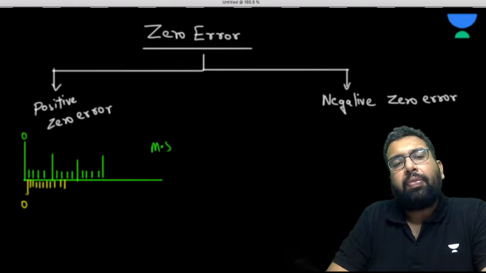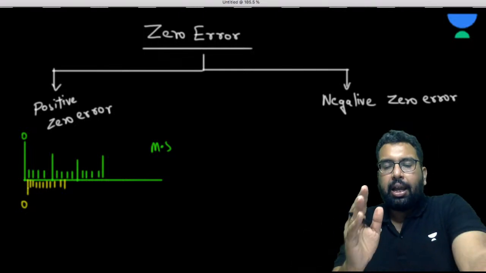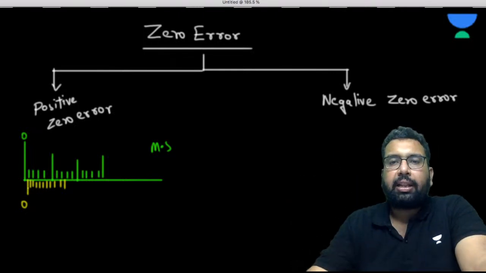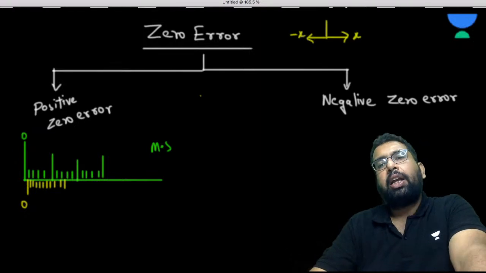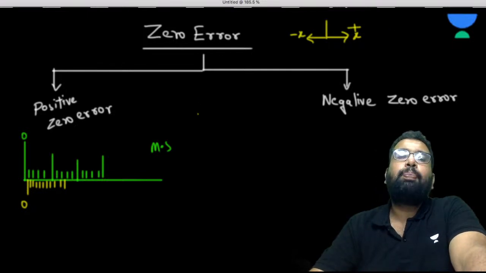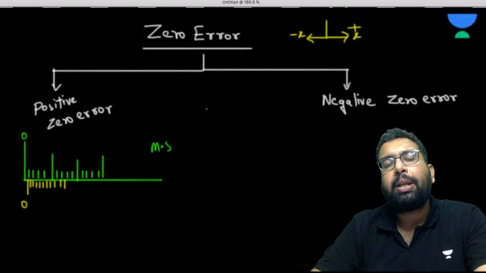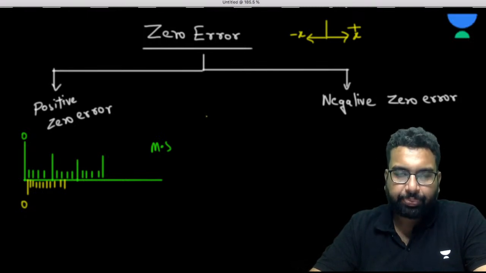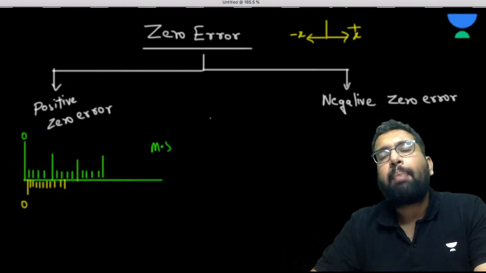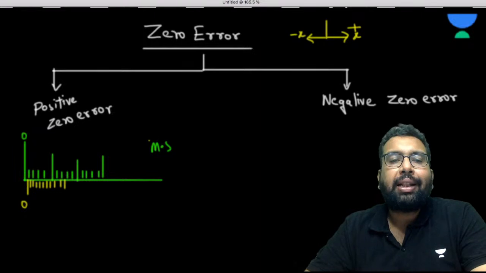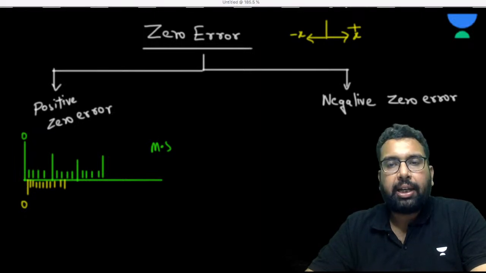Now, if I say this is the positive x-axis and this is the negative x-axis, you see that this is when the zero of the vernier scale is on the positive side of the zero of the main scale. For zero error to happen, there is one necessity: the zero of the main scale and the zero of the vernier scale are not coinciding.